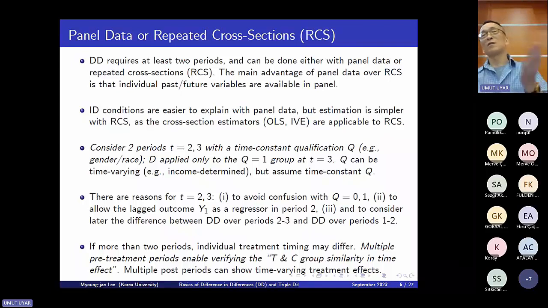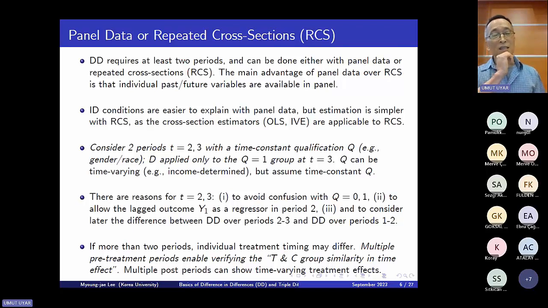Because states are very different in terms of their economic conditions. Then some states adopt the policy early in the mandated periods, whereas some states adopt the policy very late. And in DD literature, that is called staggered adoption, staggered entry.